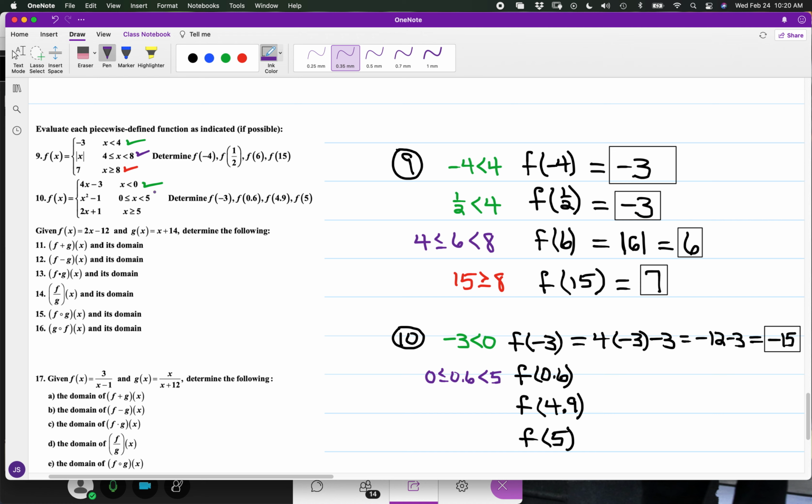So it belongs to this category, and any input in this category is going to be given the x squared minus 1 treatment. So with 0.6, we're going to have 0.6 squared minus 1, and for the square of 0.6 we have 0.36 minus 1, and so that is going to be minus 0.64.